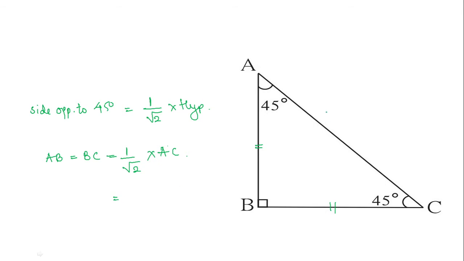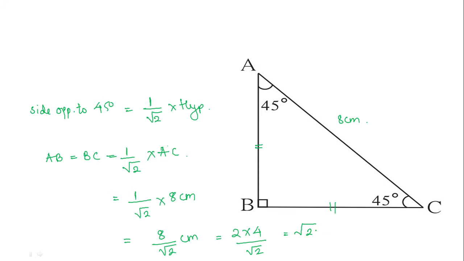Now suppose we consider the length of AC as 8 centimeters. Then let's evaluate this. 1 upon root 2 into 8 centimeters. So simply you can write it as 8 upon root 2 centimeters, or if you want to divide it further, we know that 2 fours are 8, so 8 upon root 2, and this 2 we can split into root 2 into root 2, so 4 root 2 upon root 2.